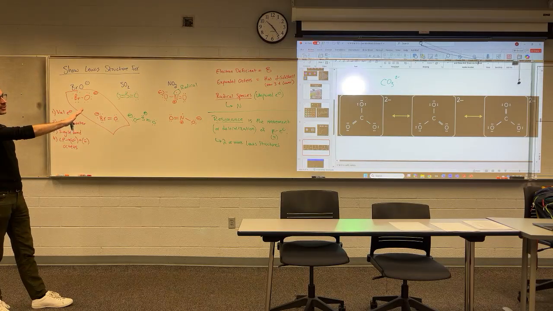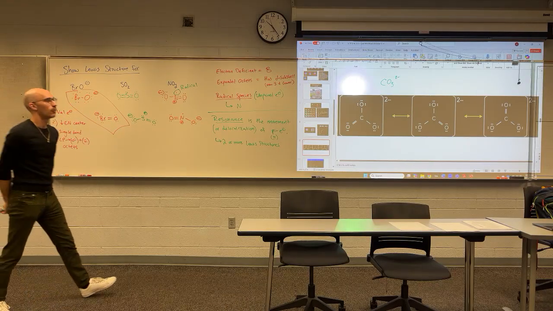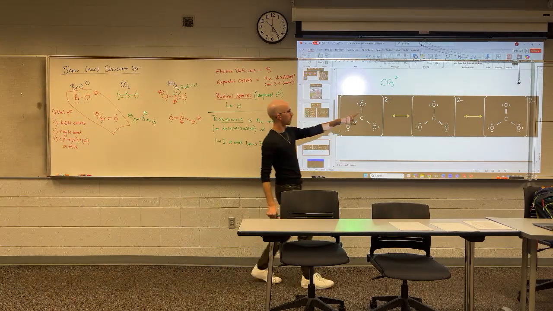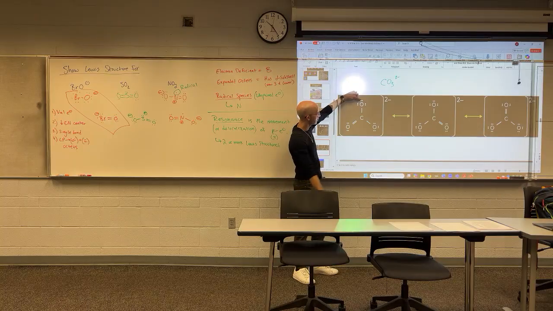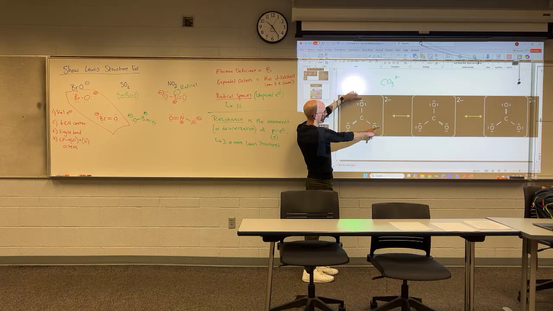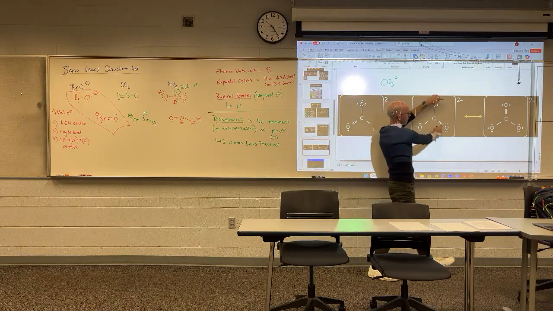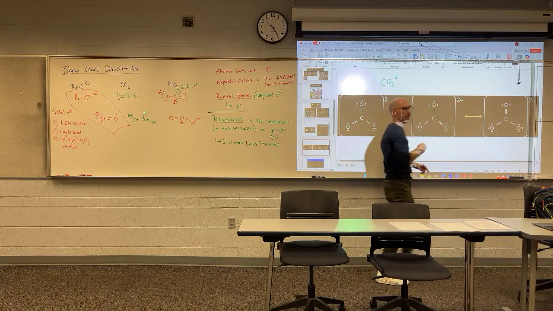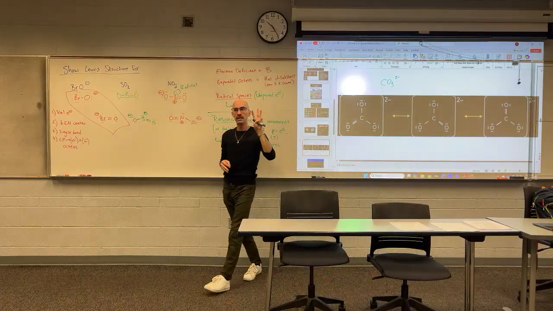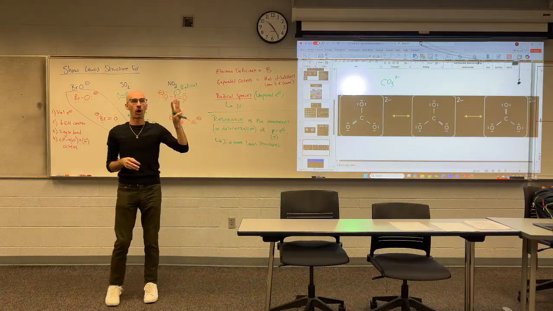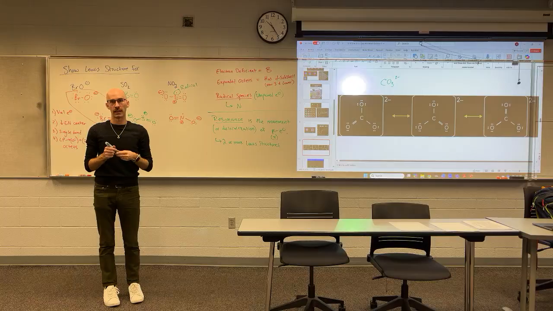Notice how carbonate's Lewis structure can be drawn 3 different ways. We know that this -2 charge is found at this oxygen and this oxygen, -1, -1. But why do I have to place the charges on those oxygens and not the oxygen on the left? There is no reason. I could move that double bond around to any of those 3 oxygens. 3 Lewis structures that are all valid forms of carbonate.